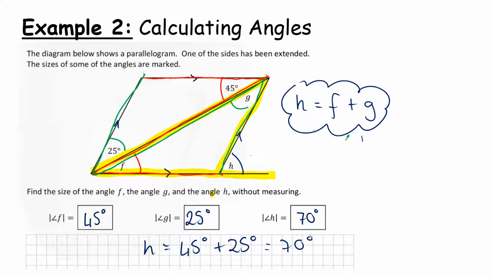So be careful in questions where they're asking you to calculate rather than measure. Here they've been very clear and said do this without measuring. It is important to note that in many exam questions, including questions in the book, the diagrams are not drawn to scale, so measuring will not get you the correct answer.